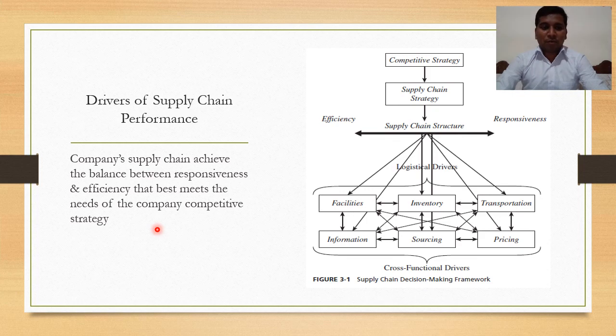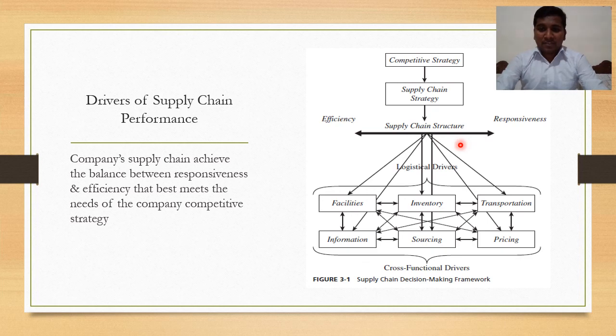Drivers of supply chain performance. A company's supply chain achieves the balance between responsiveness and efficiency that best meets the needs of the company's competitive strategy. In this figure, as we see, competitive strategy is achieved with supply chain strategy. Supply chain strategy achieves a balance between responsiveness and efficiency.